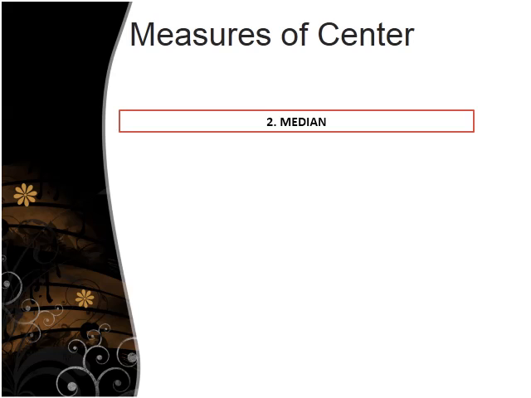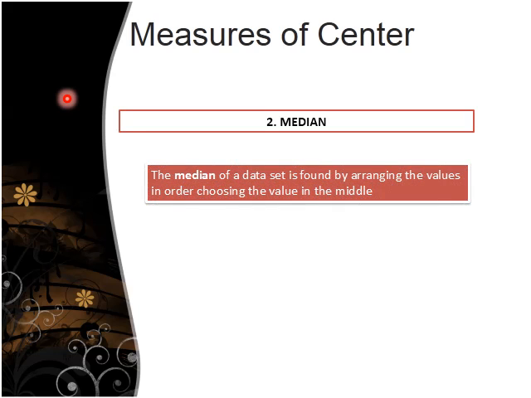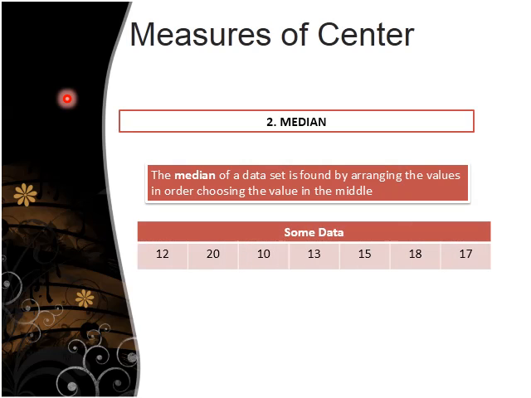Another measure of the center of some data is the median. The median of a data set is found by arranging the values in order and choosing the value in the middle. So suppose this is our data set. I'm going to first rearrange everything in order.